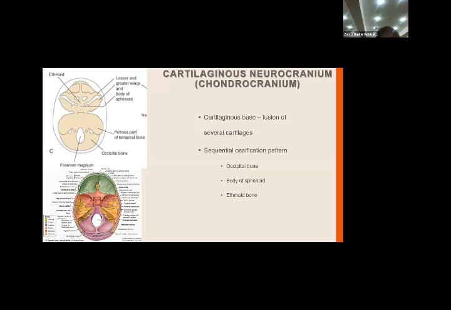Since multiple bones make up the base of the skull, that means कि multiple cartilages पहले develop की थी, and then these cartilages separately they underwent ossification, endochondral ossification, and then fusion of these bones occur.